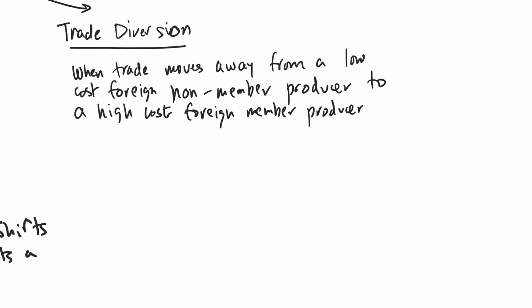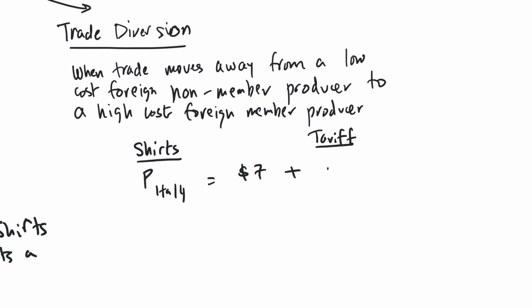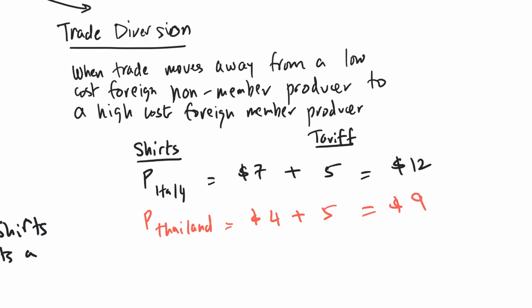So let's say same scenario, there is a market for shirts and previously the price from Italy was $7 plus you had a tariff of 5, 7 plus 5 makes it 12. But price from Thailand, for example, is $4. 4 plus 5 makes it 9.